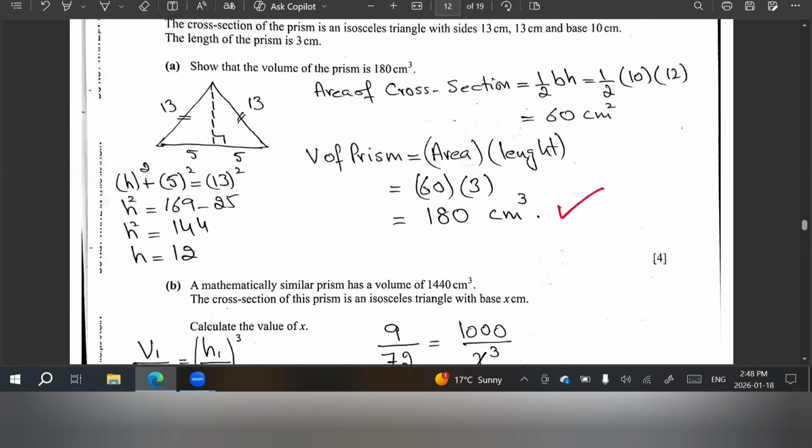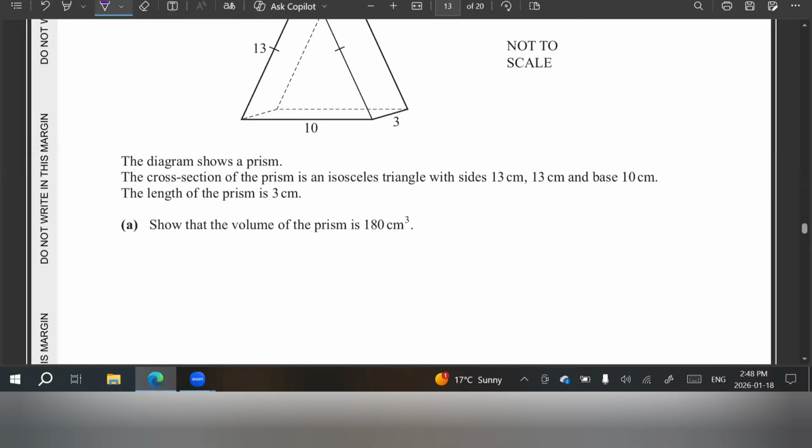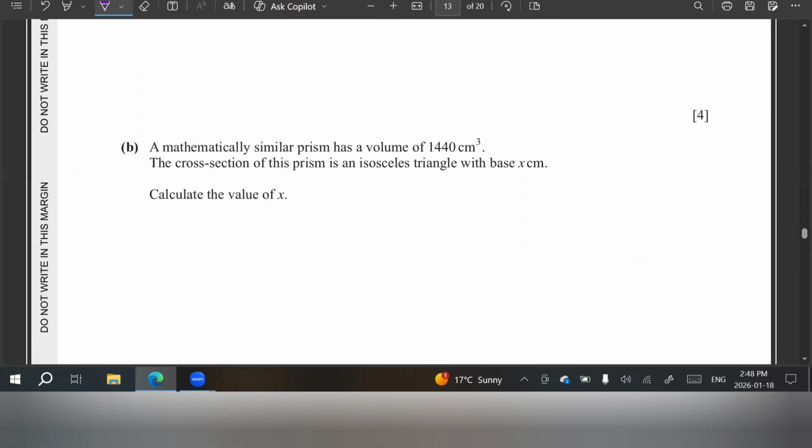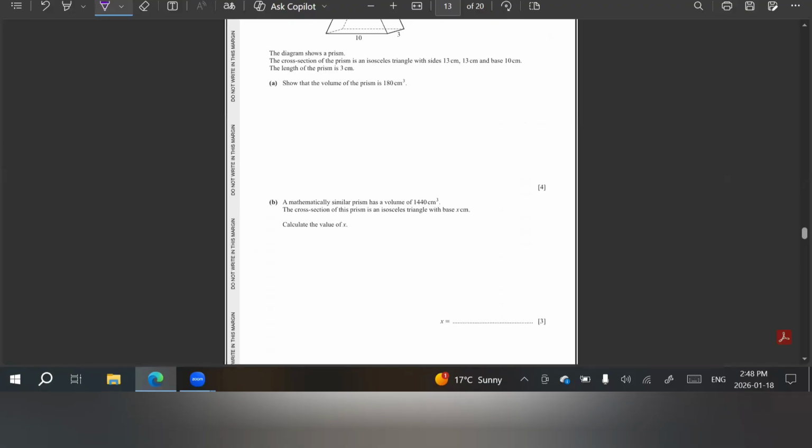Okay, then they ask us another question in the B part. He says a mathematically similar prism has a volume of 1440 centimeter cube. The cross section of the prism is an isosceles triangle with the base x centimeter.